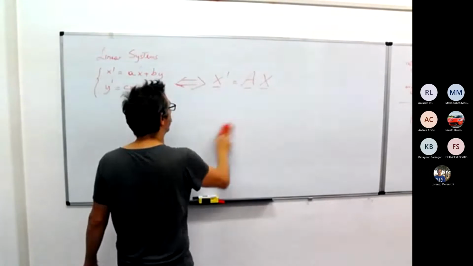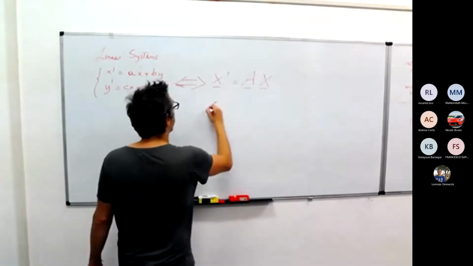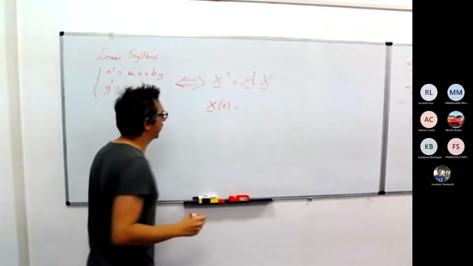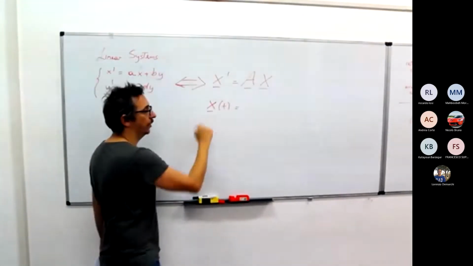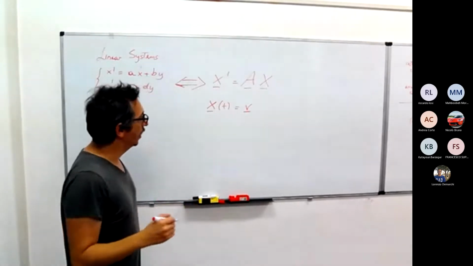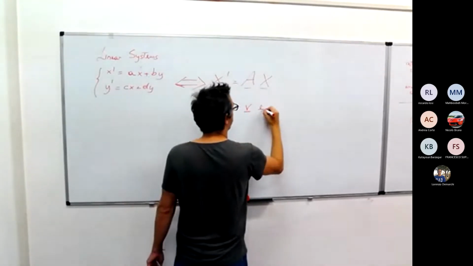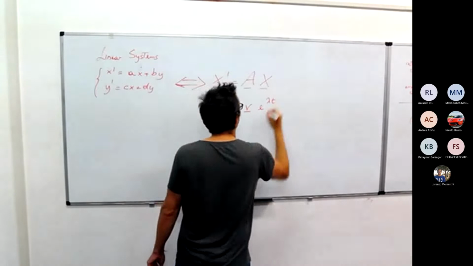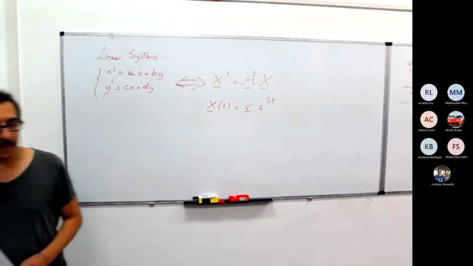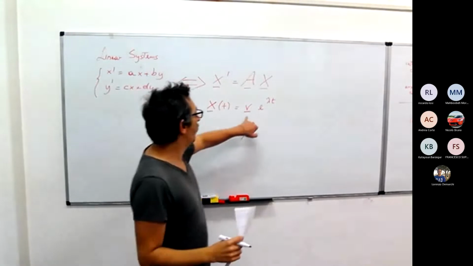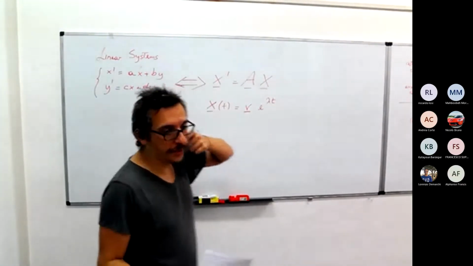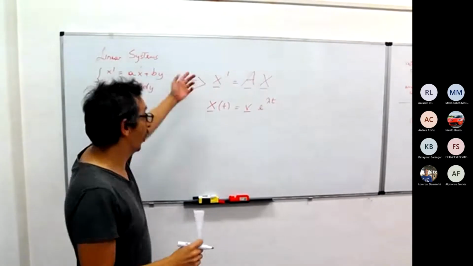So the idea is to look for a solution which can be written as x vector of t equal to some b vector times the exponential of lambda t, where b and lambda are one vector and one scalar that should be determined by the problem.